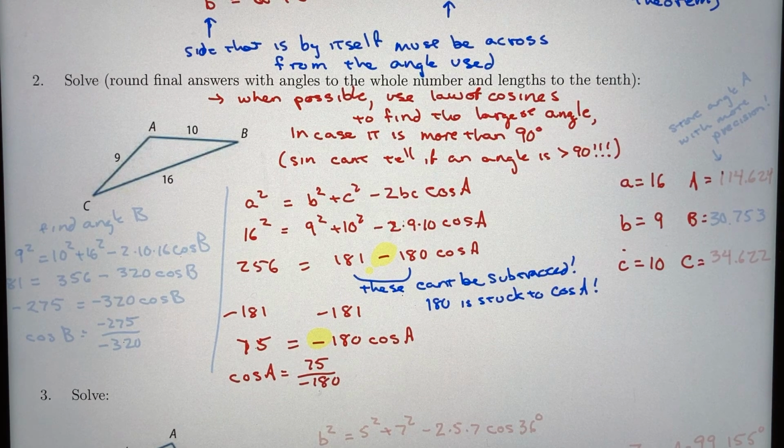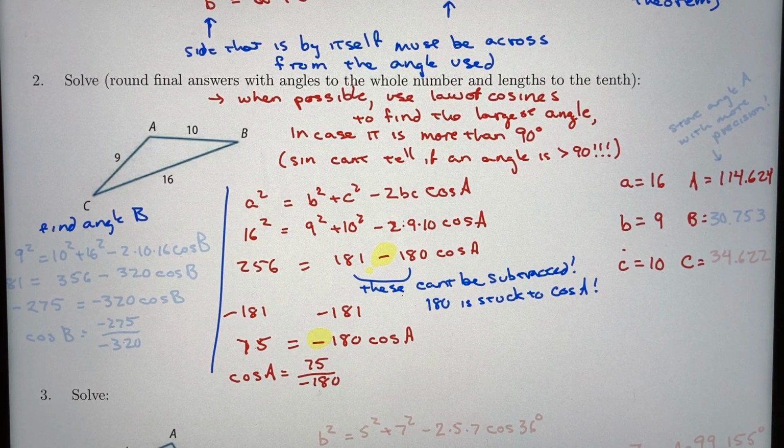Okay, so A ends up being 114.624. We'll do the law of cosines again. I'll do it over here in blue. Can use the law of sines.